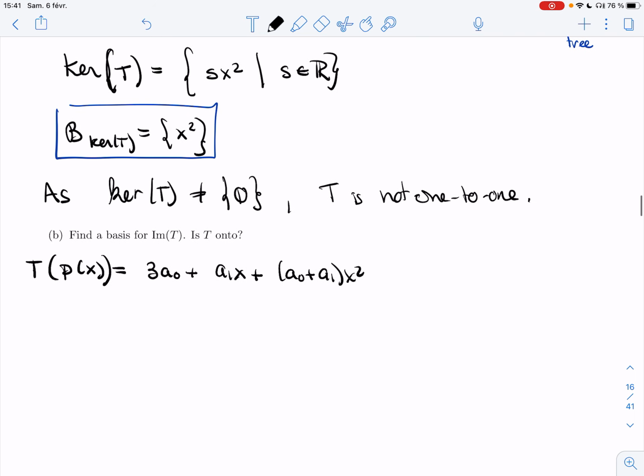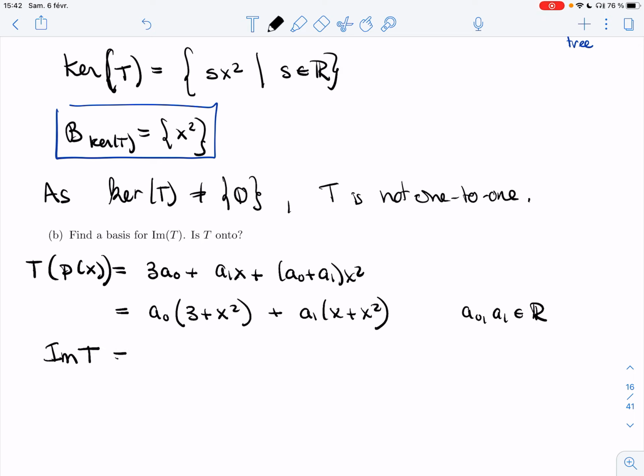And I can write this as a0 multiplies 3 plus x squared, and a1 multiplies x plus x squared. And so the image of T, where a0, a1 in R, is actually the span of these two polynomials.